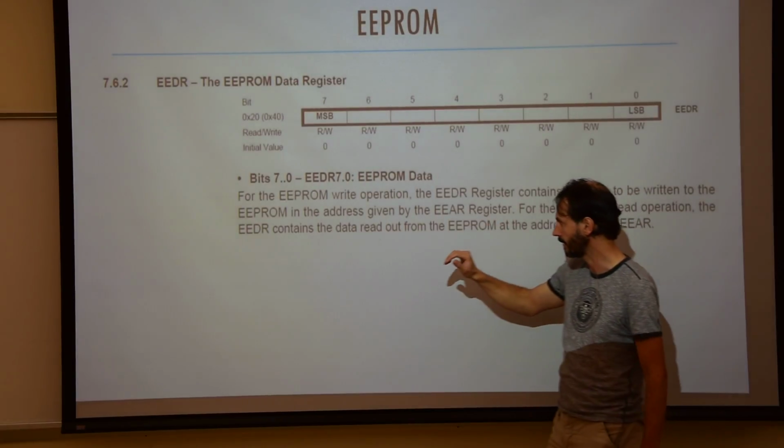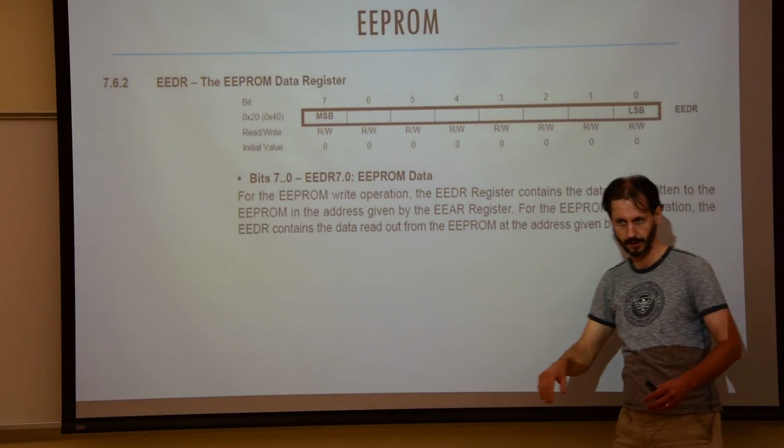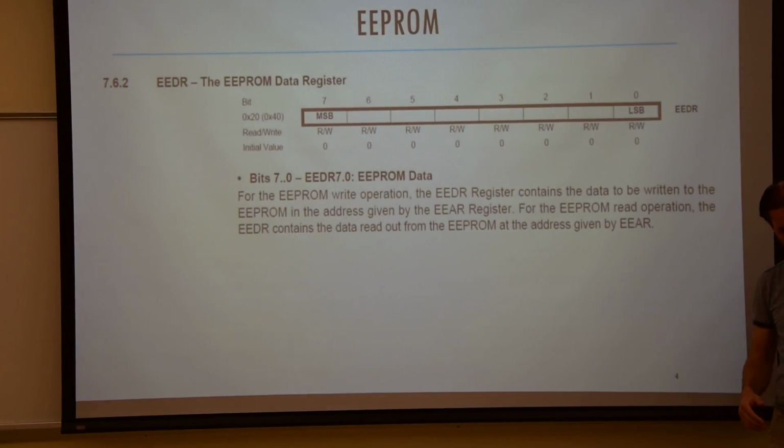Now, this is a little bit different in the sense that this is just one register. In the UART you have the UDR0, I believe, that if you read it, it connects to the physical receive buffer, and if you write to it, it connects to the physical transmission buffer, so those two are really distinct.